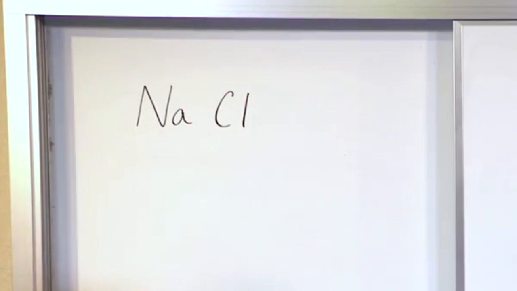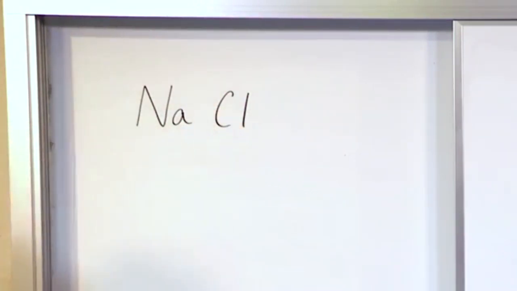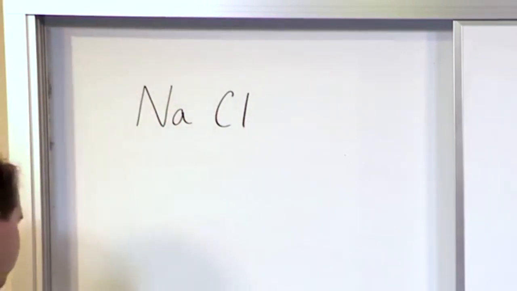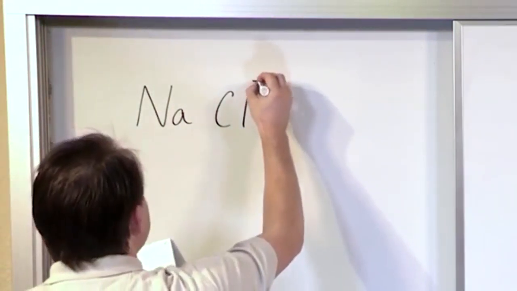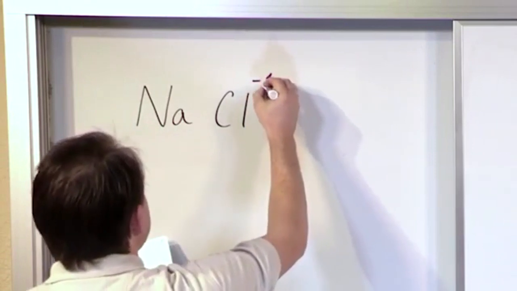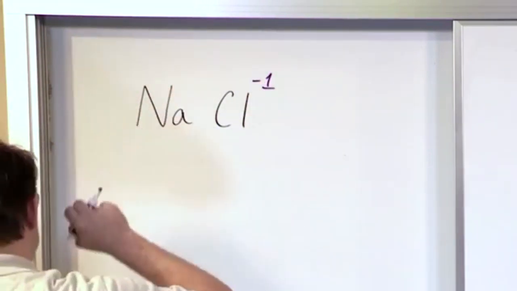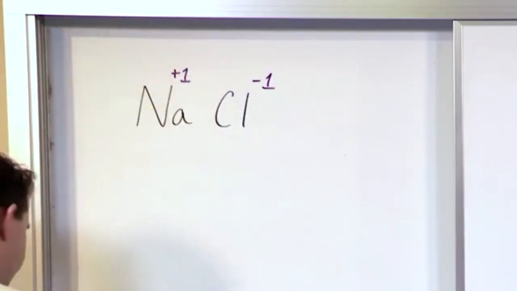What do you think, looking at the periodic table, the charges on these two would be? Well, if you look at chlorine, it is in the column right next to the noble gases. So chlorine always wants to have a charge of -1, if possible. And sodium always wants to have a charge of +1, if possible.